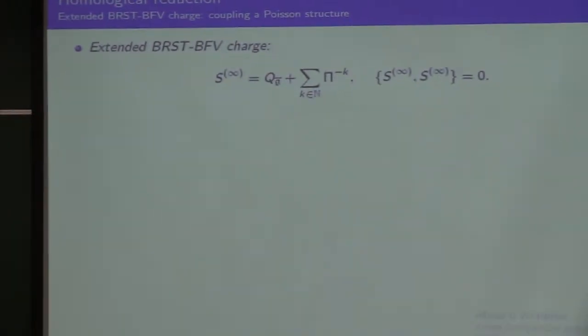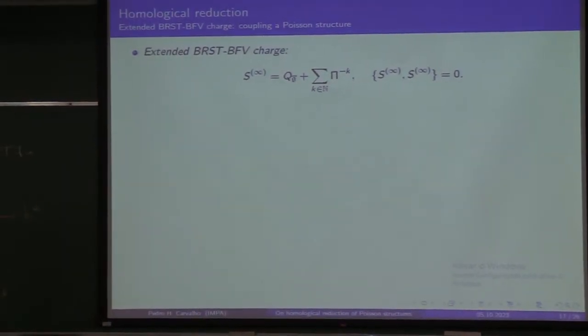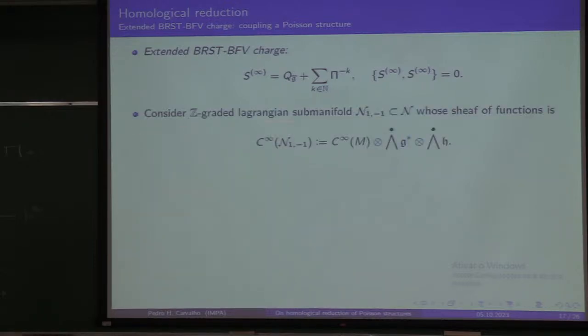And if you know a bit about L-infinity algebras, this should ring a bell for you. So you consider this kind of abelian algebra, and it turned out that this function here induces a homotopy Poisson structure on this space.